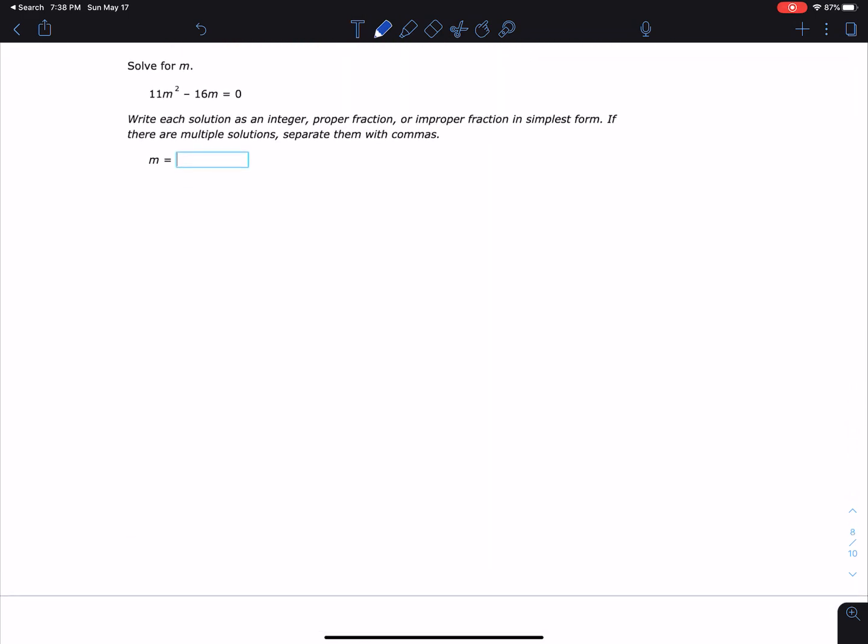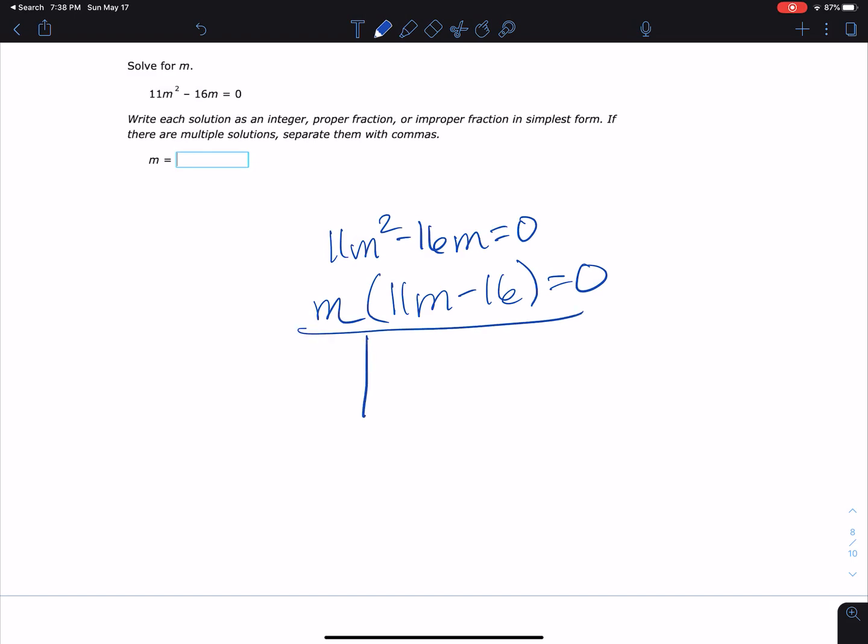Okay, so let's see. We're solving again. We've got 2 terms that already equal 0. I like that. So 11m squared minus 16m is 0. So first of all, there's no GCF I can take out between 11 and 16. So the only thing I can take out is an m, which would give me 11m minus 16 equals 0. That's factored, guys, so go ahead and branch off.